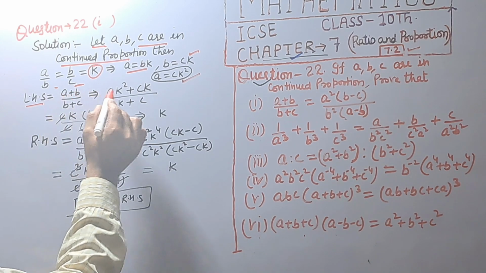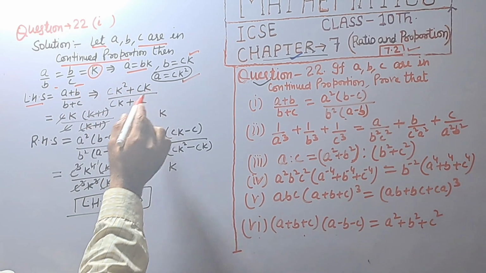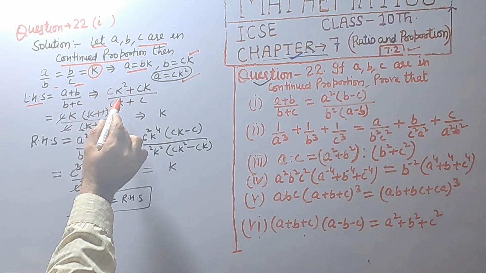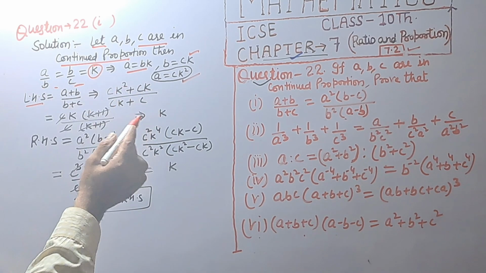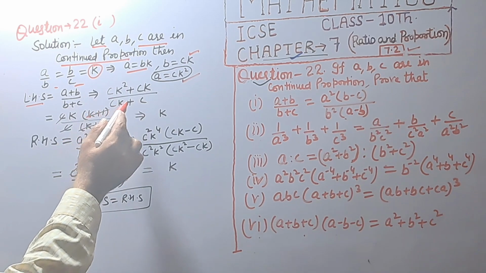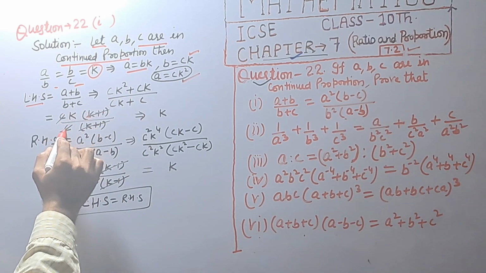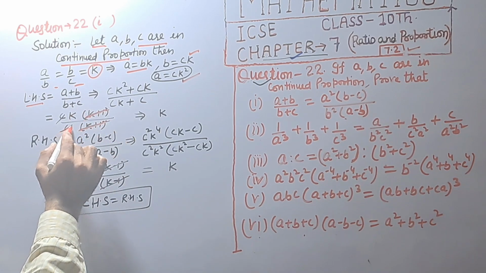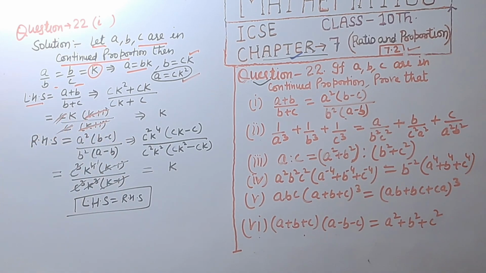We are putting A is equal to CK square and B is equal to CK, B is equal to CK plus C. We are taking common CK in bracket K plus 1, taking common C in bracket K plus 1. K plus 1 is cancel, C is cancel. We get left hand side, that is equal to K.